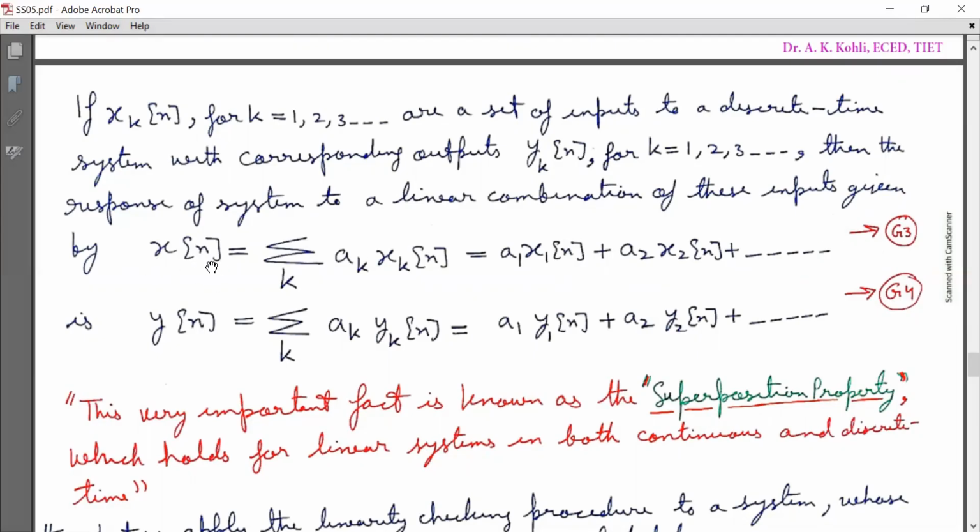That is the composite input signal, xn is equal to a1 x1n plus a2 x2n and so on, which is equal to summation over k of ak xk[n], and the output is yn is equal to summation over k of ak yk[n], which is equal to a1 y1n plus a2 y2n plus a3 y3n and so on, mark it as G4.